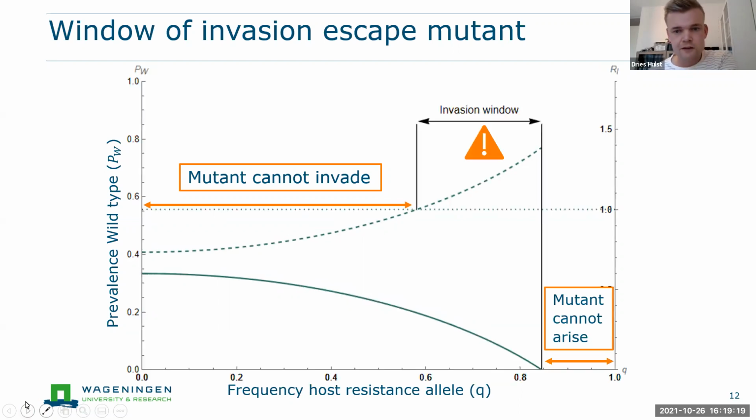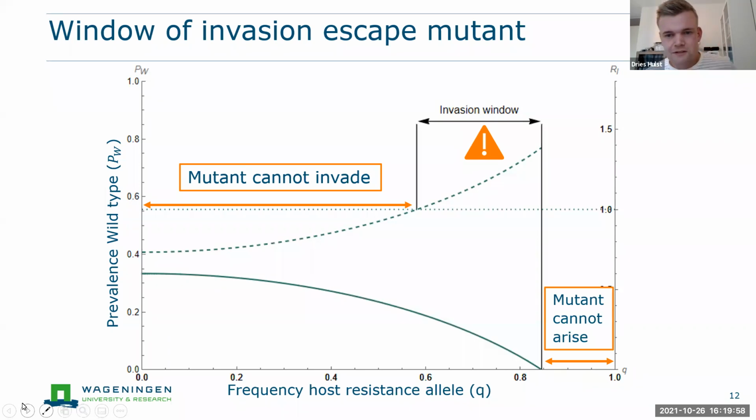But there is also an area in between these two limits, and that's what I will call the invasion window. That's the range in the frequency of the host resistance allele in which the mutant can arise because there are still wild type pathogens present, but it can also invade. That means that the host resistance is high enough for that escape mutant to be able to infect enough hosts so that it can spread.